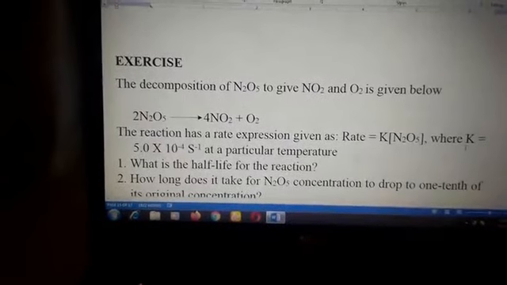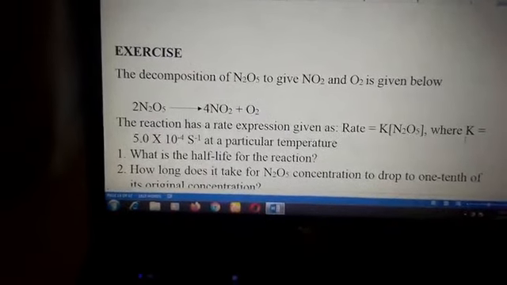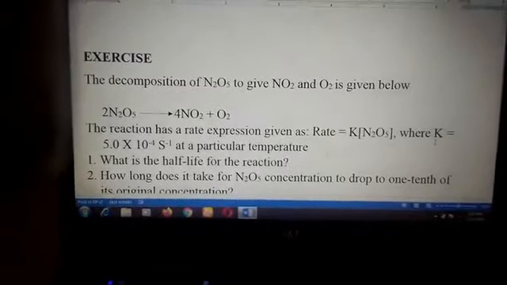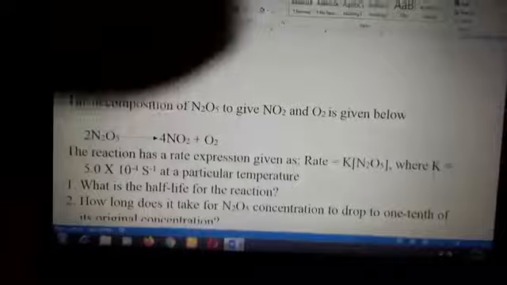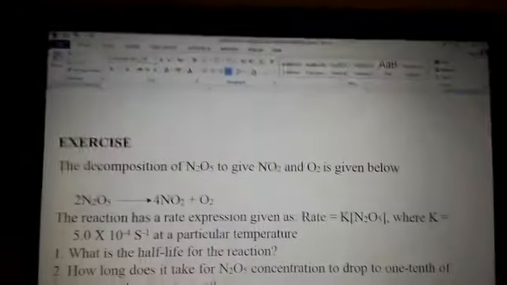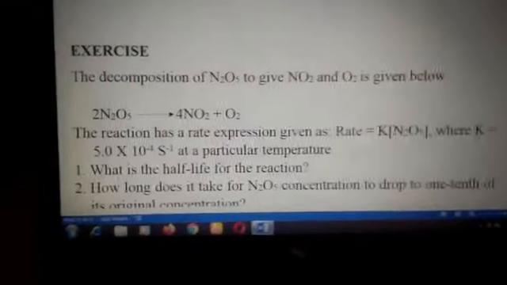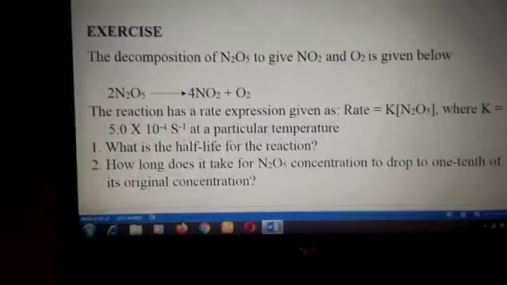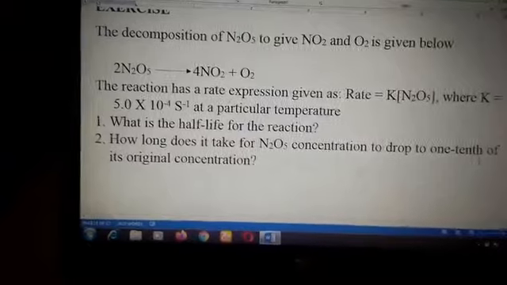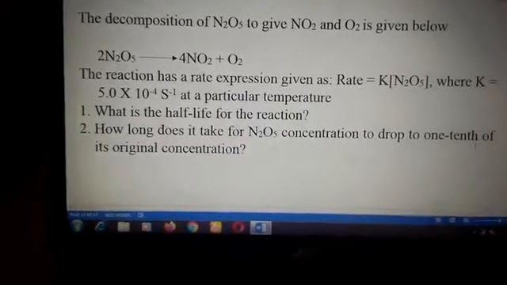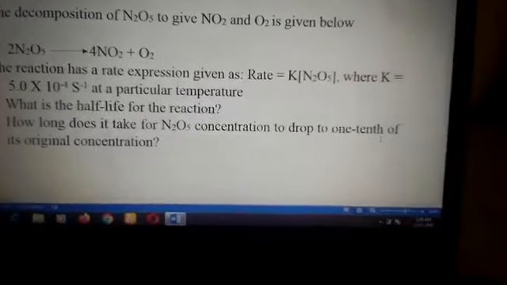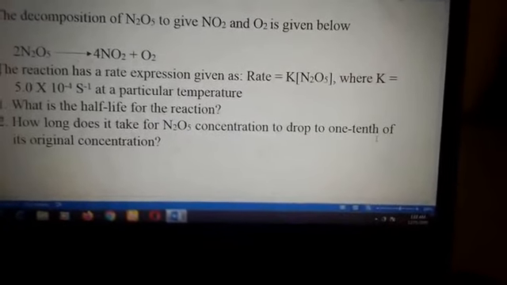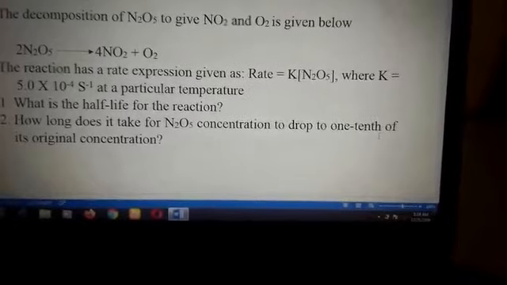Look at this question that says the decomposition of nitrogen pentoxide to give nitrogen dioxide and oxygen is given as follows. Look at the equation that shows the decomposition of nitrogen pentoxide to give you NO2 and oxygen. The rate expression is given as rate equals k[N2O5].